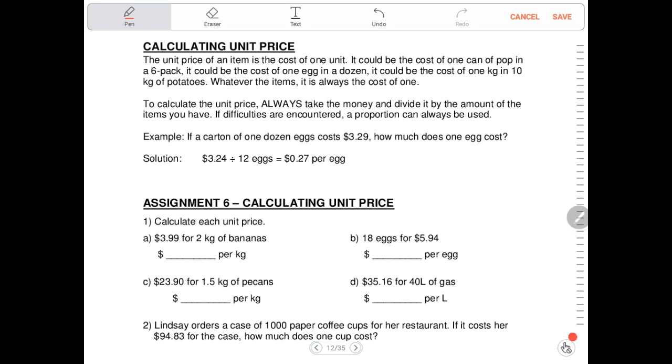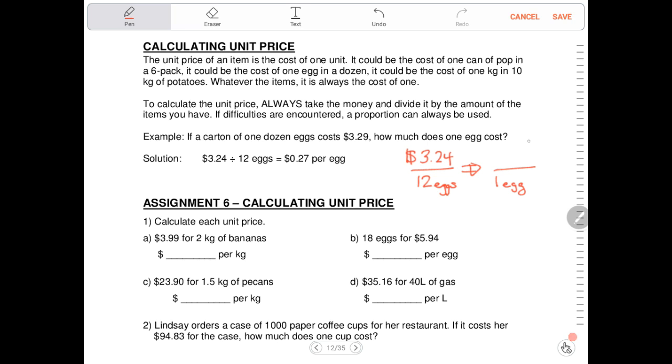So if you go and buy a dozen eggs, let's say it's $3.24 for 12 eggs. When you determine the unit price, what you're trying to figure out is the price for one item, in this case one egg. There are multiple ways of teaching this, and your teacher may teach it differently than I do, but I feel that using cross multiply and divide will serve you well throughout this course.